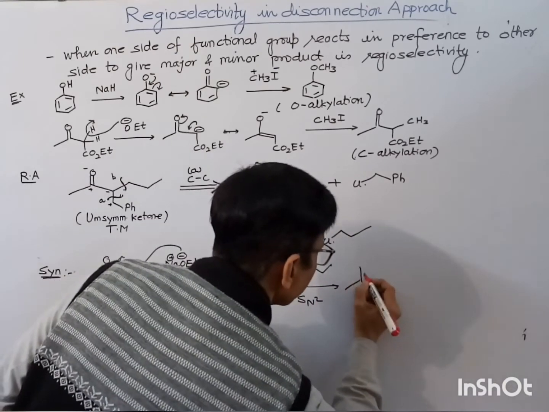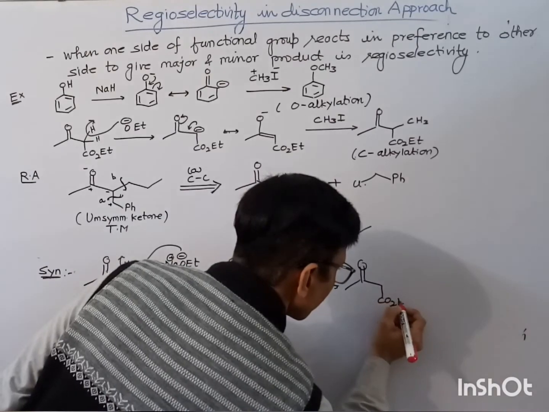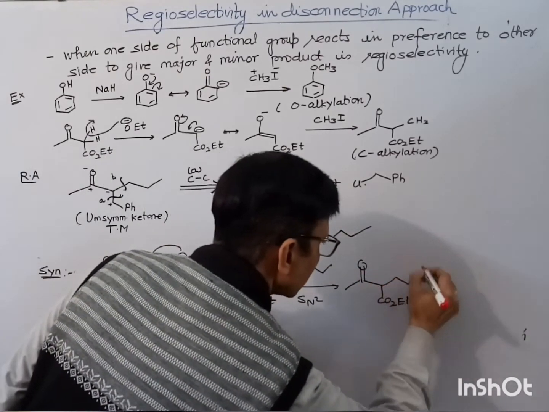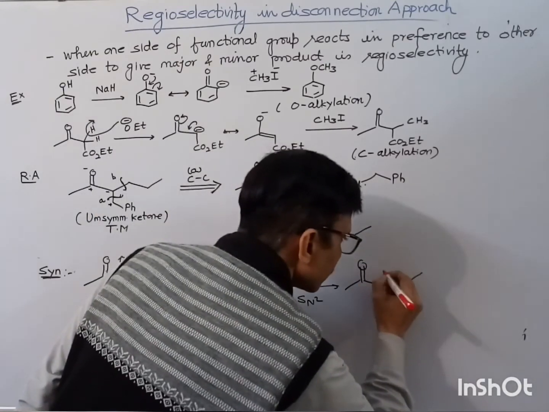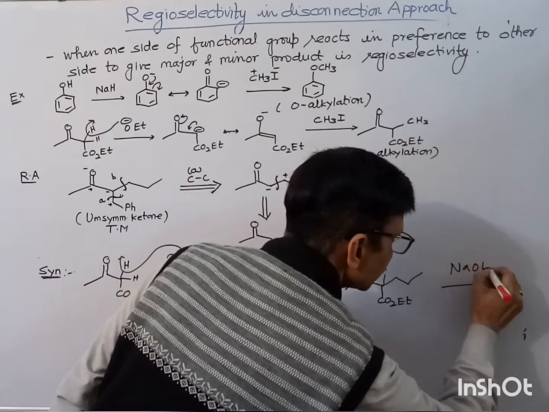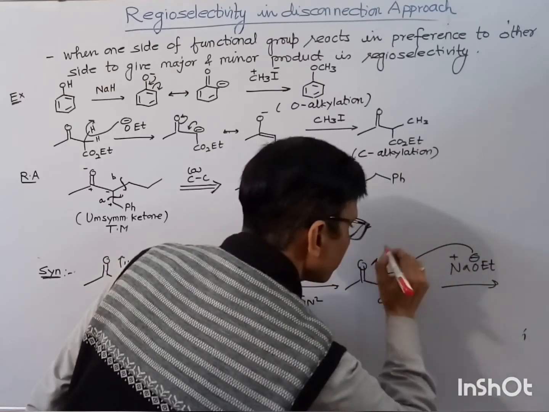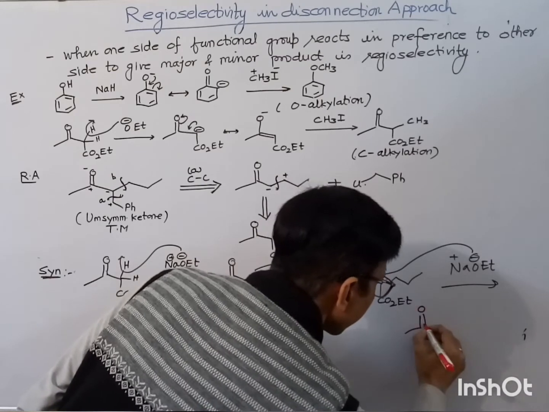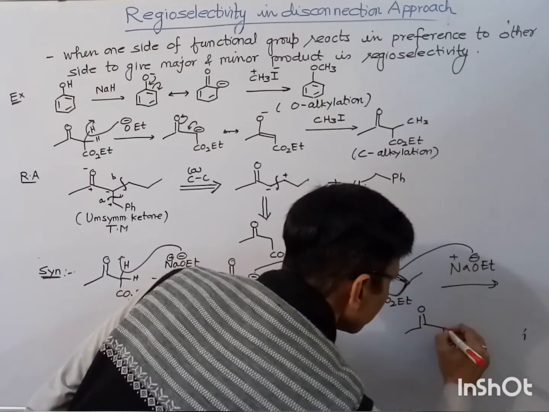You will get, so this part will add over here. Now again, this molecule has one of the acidic hydrogens. So in the presence of sodium ethoxide, the base will extract this acidic hydrogen, and you will get the negative charge.